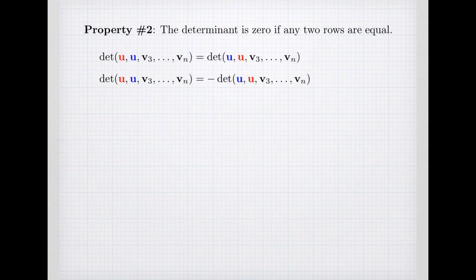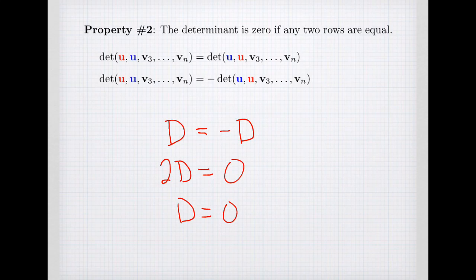And so the only number that's equal to its opposite, let's do this in algebra, the determinant equals the opposite of the determinant. If I solve that in algebra, 2d equals 0, the determinant has to be 0. Ta-da! Any matrix with equal rows or equal columns, if any two rows or any two columns are the same, boom, the determinant is 0.